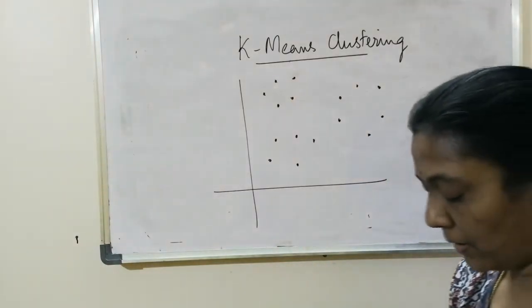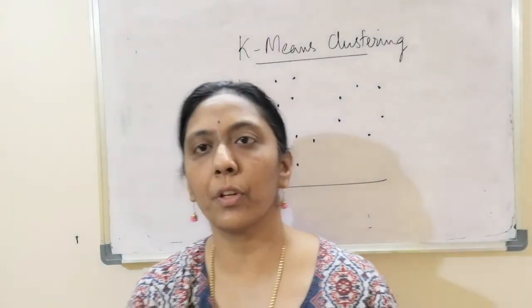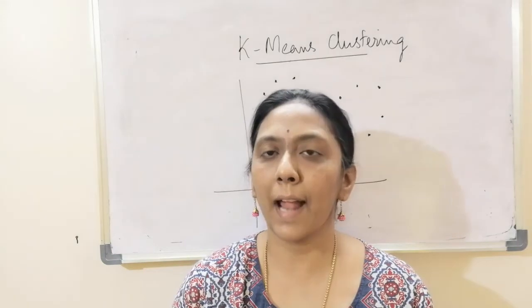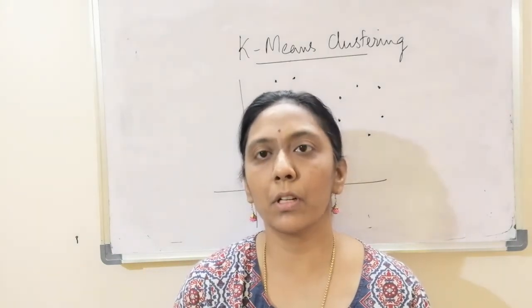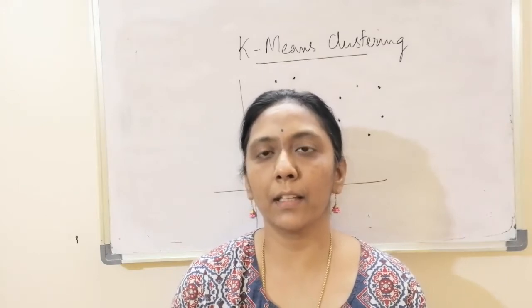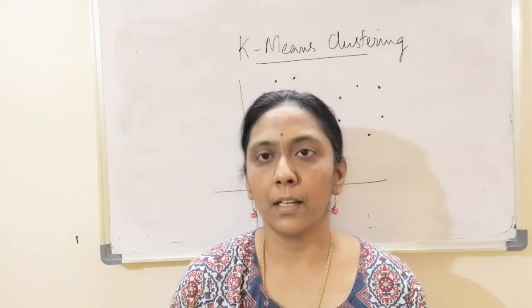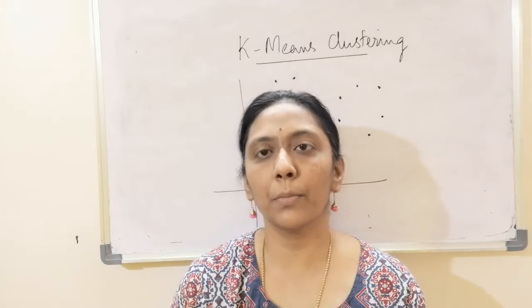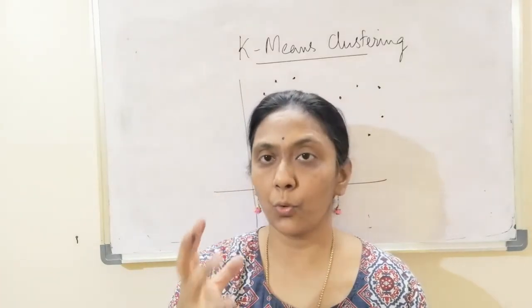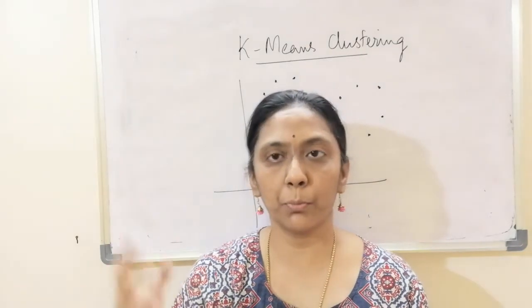Now, the selection of the number for k is based on some random selection or even sampling. So, for example, if I take the value of k to be 3, according to the k-means clustering algorithm, I am going to form three groups, three clusters over the given population.